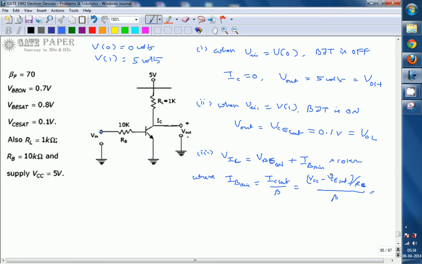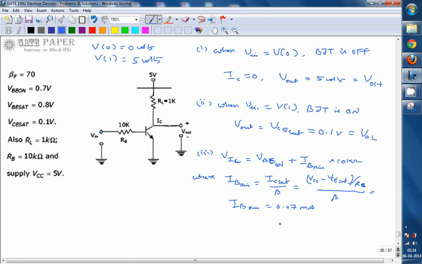So 4.9 divided by 70, IB minimum can be written as 4.9 divided by 70, that is 0.07 milliamperes. So the value of IB minimum is 4.9 divided by 70, that is 0.07 milliamperes.